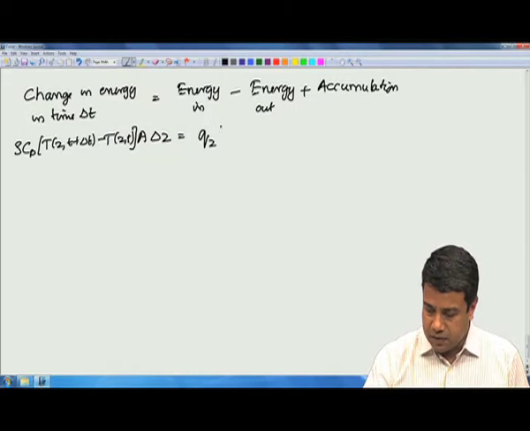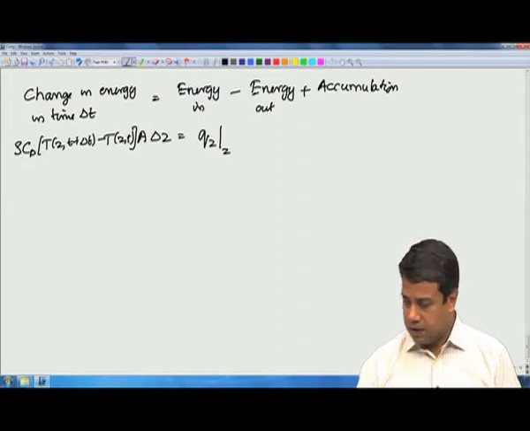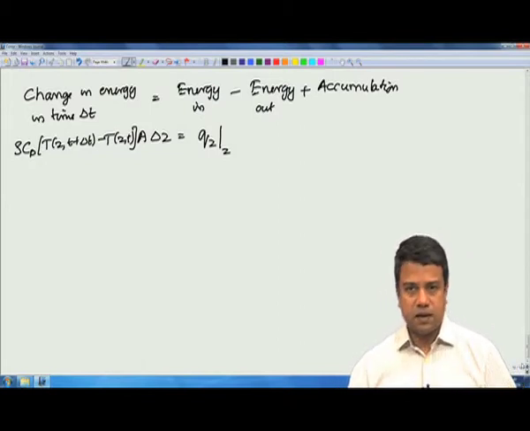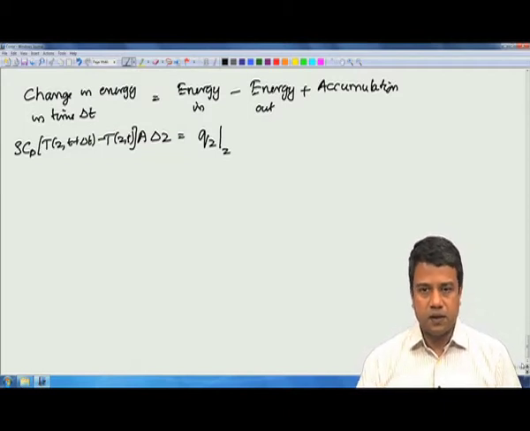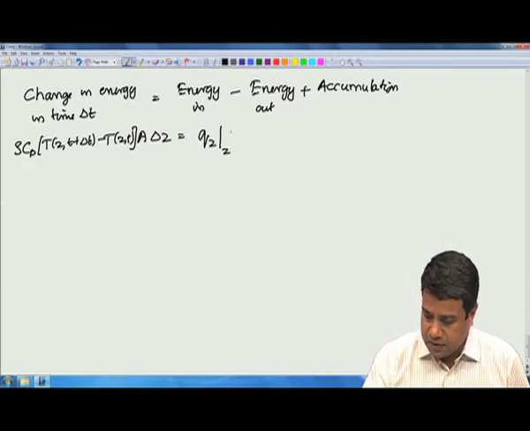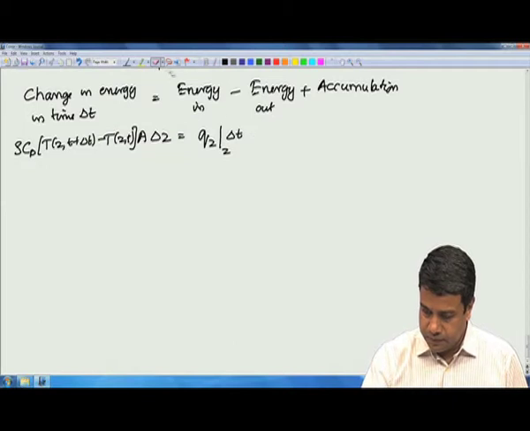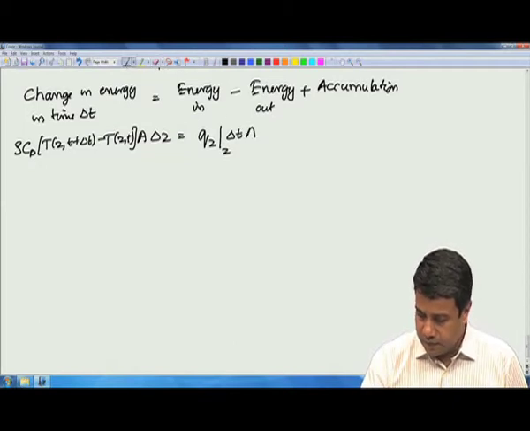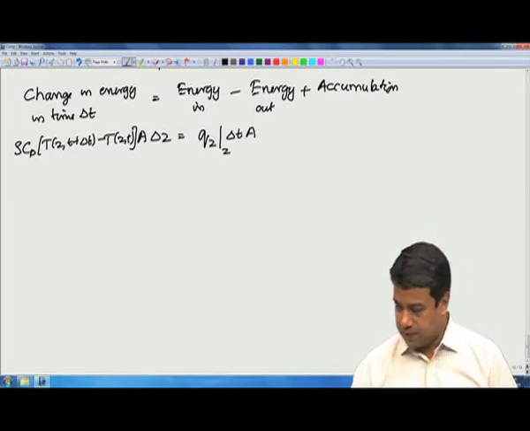The flux is energy per unit area per unit time. Therefore, the flux at the location z times the area times the time interval is equal to the energy that is coming in at the location z. So it is the flux times the time interval times the area. That is the energy coming in at the location z.